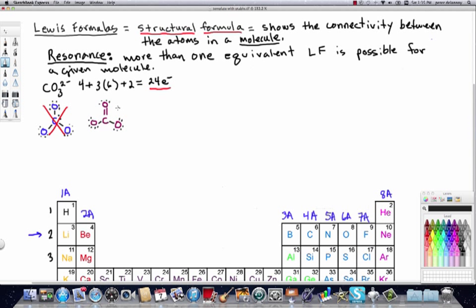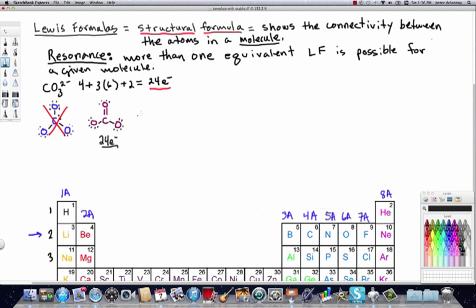All right, now let's see what we got for our total electron count. So 2, 4, 6, 8, 10, 12, 14, 16, 18, 20, 22, 24. All right, so we hit our magic number. Now, quick inspection, we see that there are 8 electrons in all the key atoms here. All right, good news.